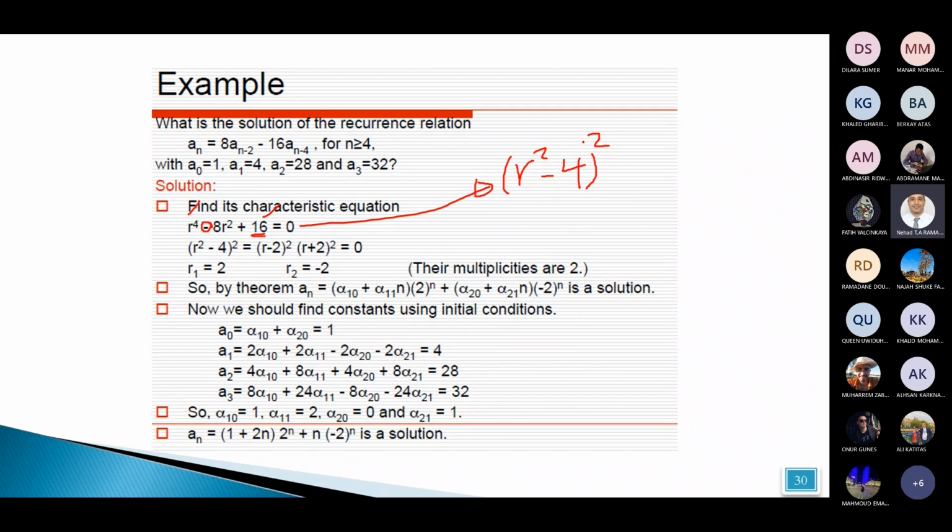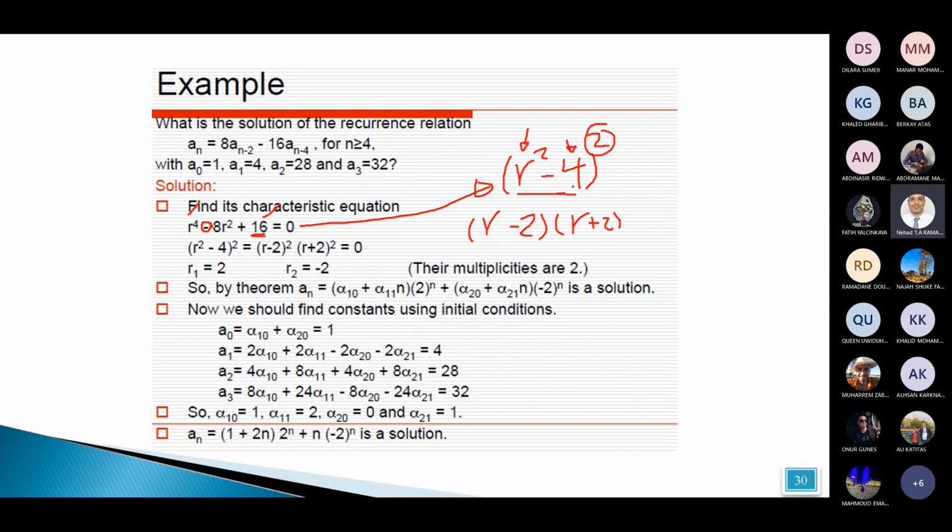Now forget this power 2 and look inside. What is inside? It's a difference between two squares, because 4 is a square and r power 2 is a square. So what's the solution for a difference of two squares? It's r minus 2, the root of the first one, multiplied by r plus 2, the root of the second one.